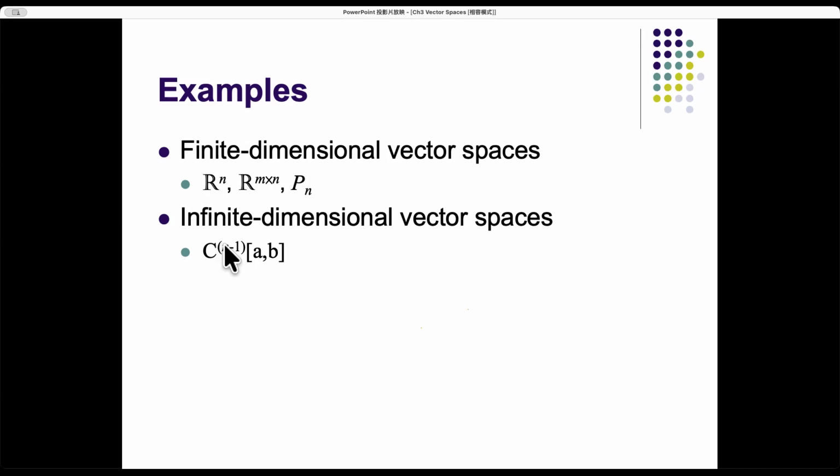The n minus 1 means this function has to be continuous in the range a and b after n minus 1 differentiations. We know any polynomial must satisfy this requirement.